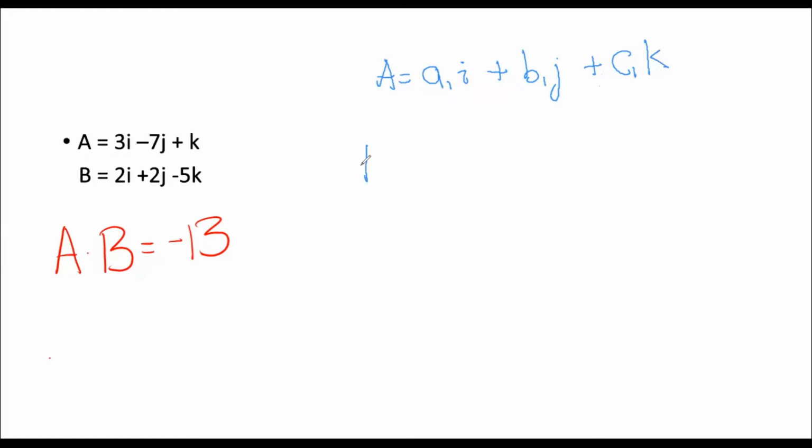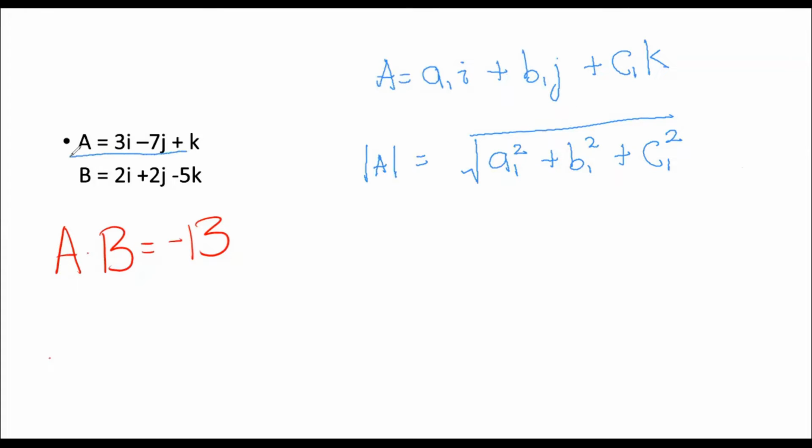Then the magnitude of A is equal to the square root of a1 square plus b1 square plus c1 square. That's just how it is. We just find the sum of the three squares, and then we find the square root.